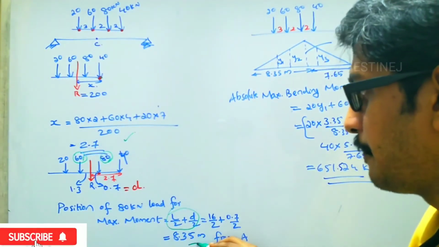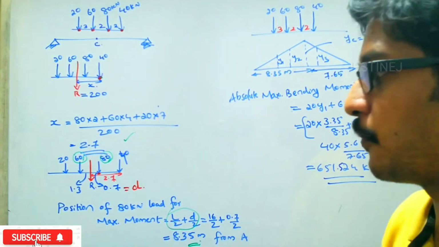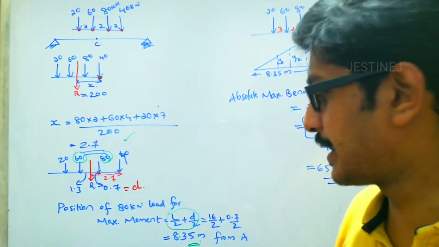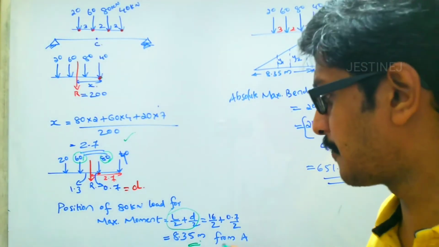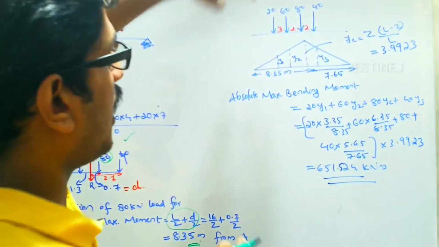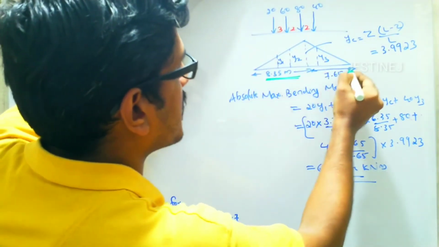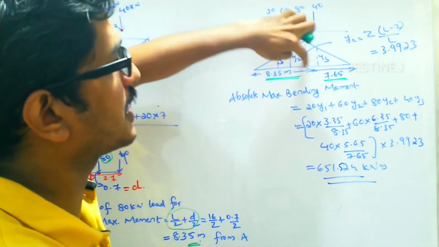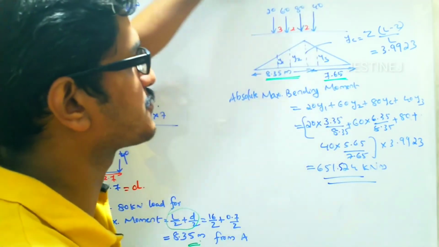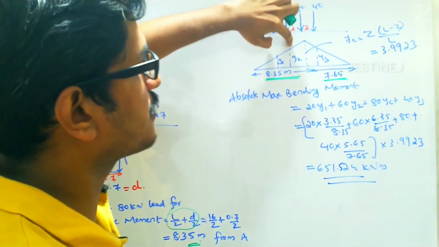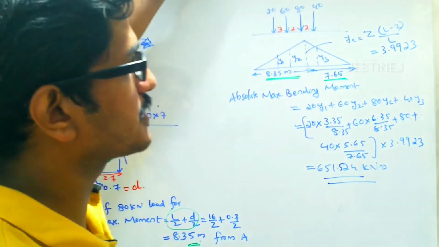Finally you get 8.35 meter from the support. So you place the 80 kilonewton at a distance of 8.35 meter from the support. The remaining distance will be 16 minus 8.35, which is 7.65 meter. After placing, you have to find the y1 ordinate, y2 ordinate, yc and y3.